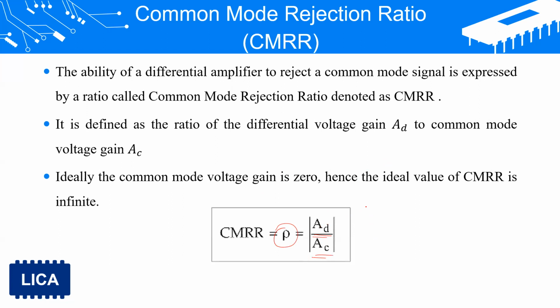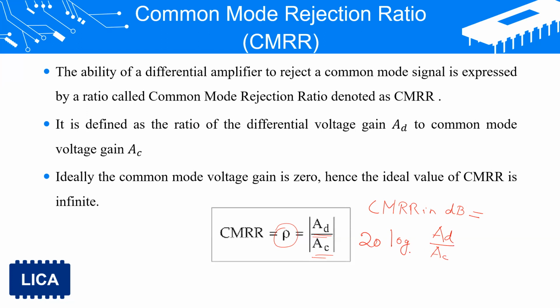So CMRR in dB, how can we transform? We already know we have to take 20 log. 20 log of AD by AC.